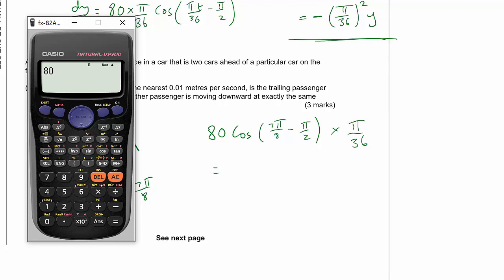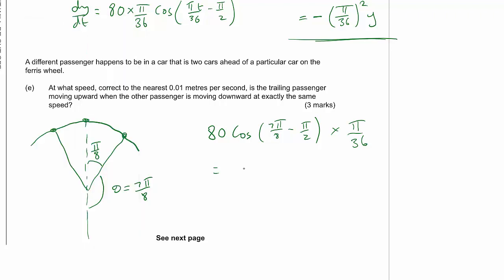So 80 times cosine. So this would end up being 3 pi by 8. And we'll multiply that by pi over 36. And that gives me 2.67 correct to the accuracy asked for, and that would be meters per second.